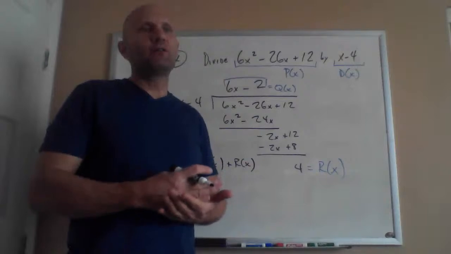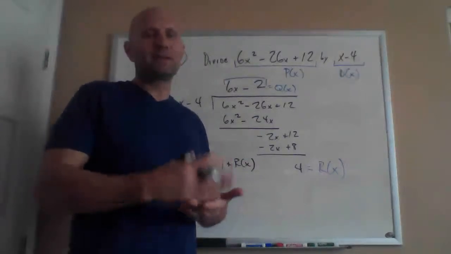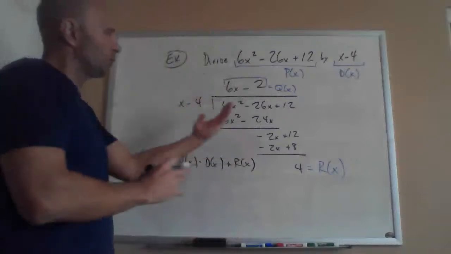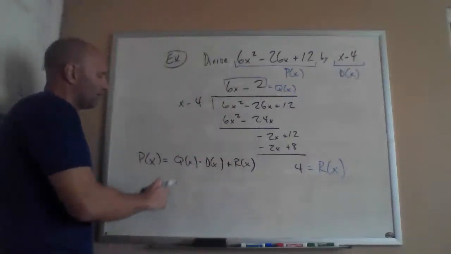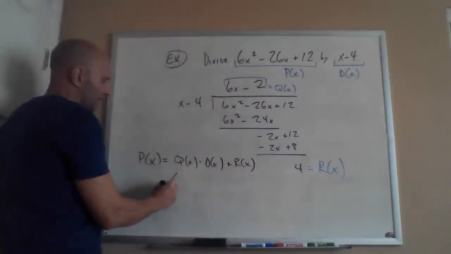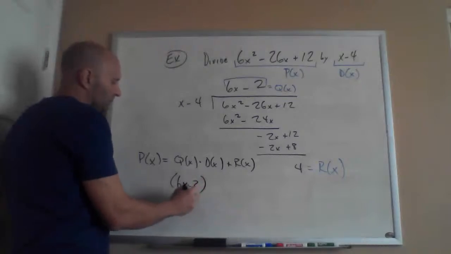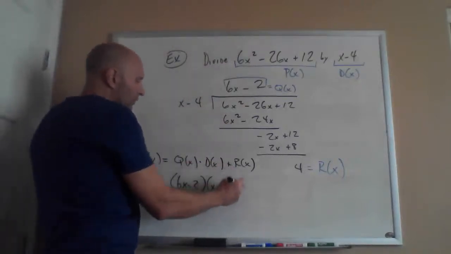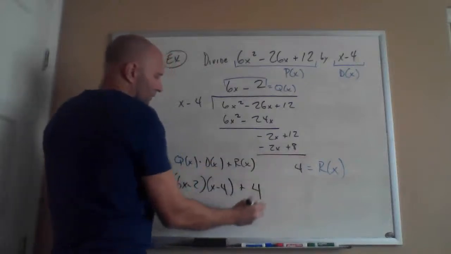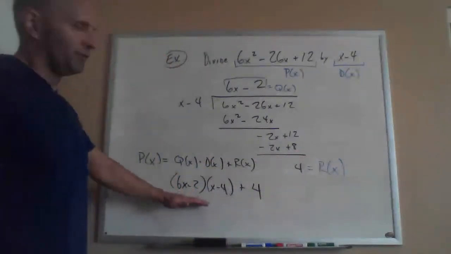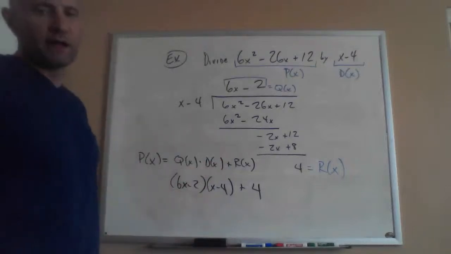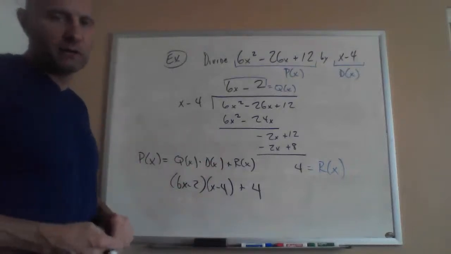You have to be careful with whatever WebAssign is asking. Part of it could be that you weren't sure what is Q of X, what is R of X. So for Q of X, we would have 6x minus 2, times D of X, x minus 4, plus R of X, which is just 4. If this was a WebAssign answer in this format, that's what you would have put in.